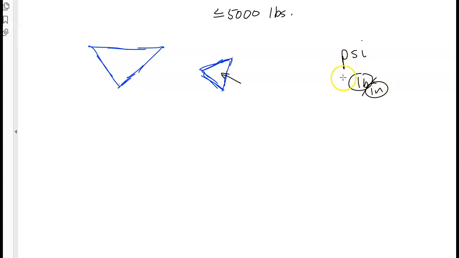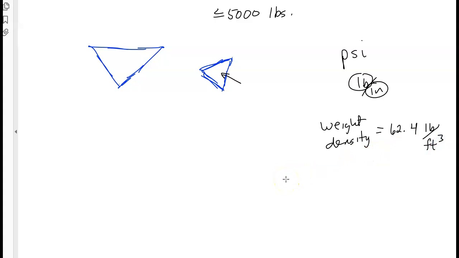Okay. So in this particular problem, notice that we have the weight density of water. Okay, so we have this weight density of 62.4 pounds per cubic foot.